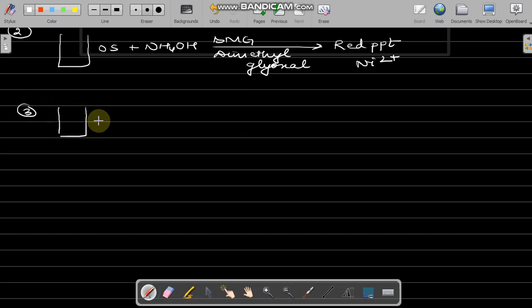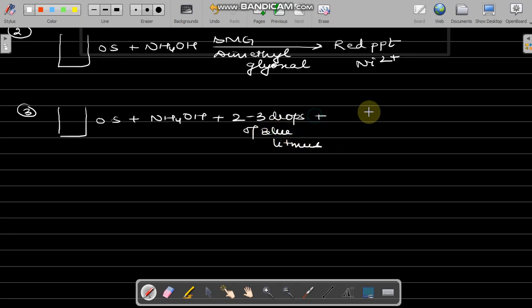Okay, now again, if any of this coloration does not come, then coming to step 3: taking original salt solution in a test tube, putting NH4OH, putting 2 to 3 drops of blue litmus in it, then adding excess amount of ammonium hydroxide.